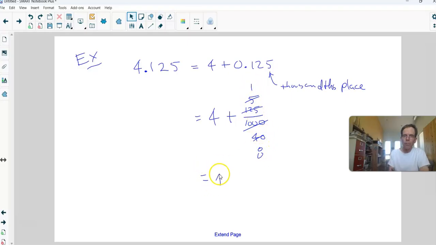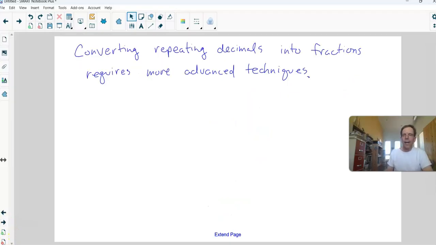So this is really 4 plus an eighth, which as a mixed number would be 4 and an eighth. If you're trying to convert repeating decimals into fractions, you need to have more advanced techniques than what I'm showing here. And I don't want to go into it here.